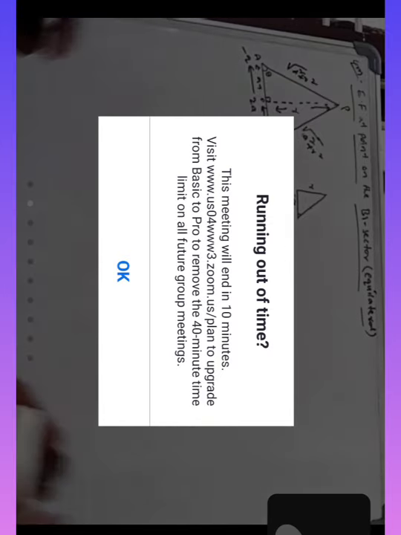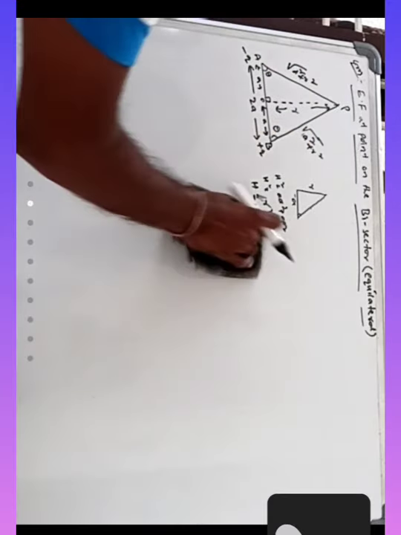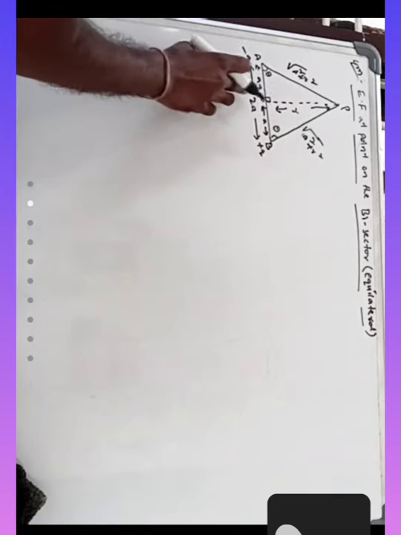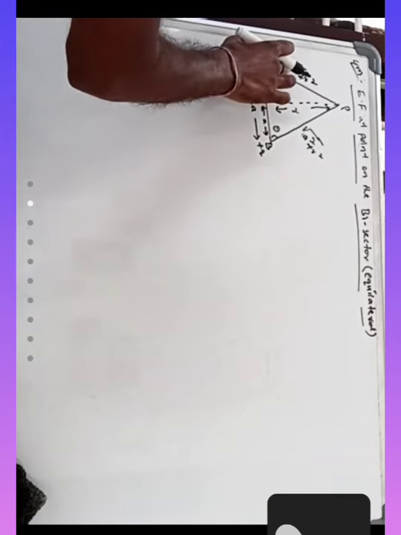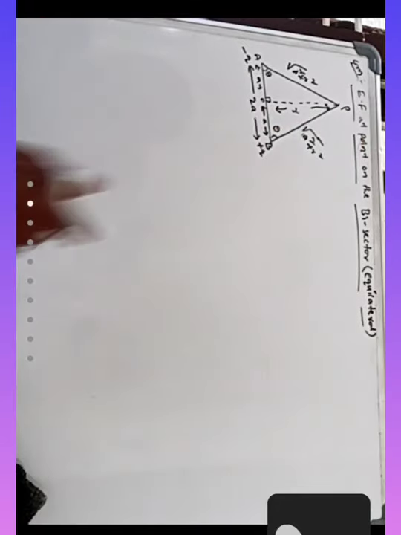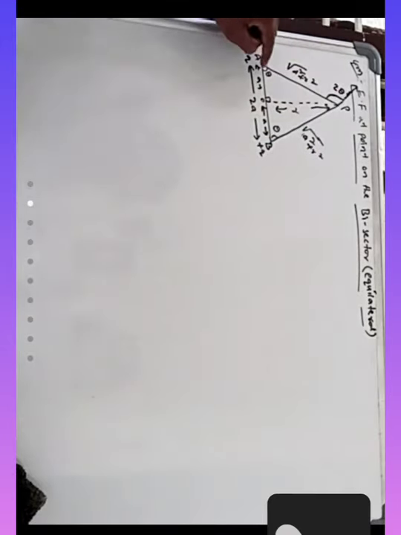Now observe here, according to the Pythagoras theorem, we got the three sides: 2a, under root a squared plus r squared, and also under root a squared plus r squared. So when we extend the intersecting line like this, the total angle is 2 theta, because the exterior angle is equal to the sum of the interior angles.